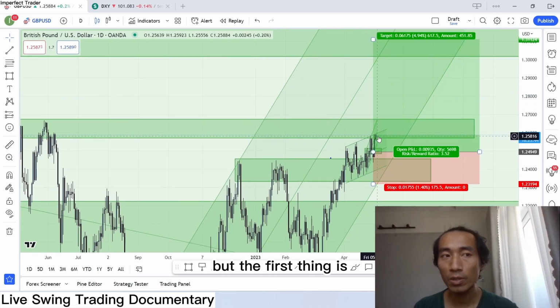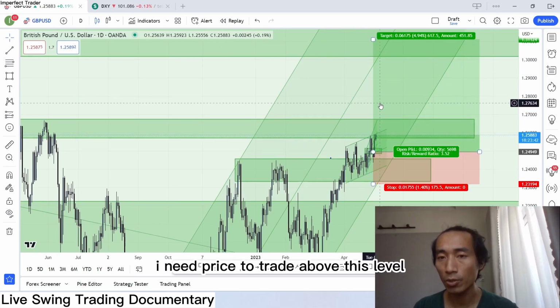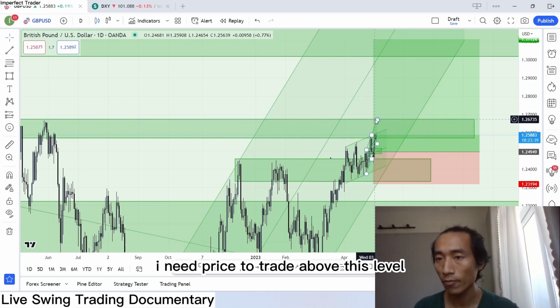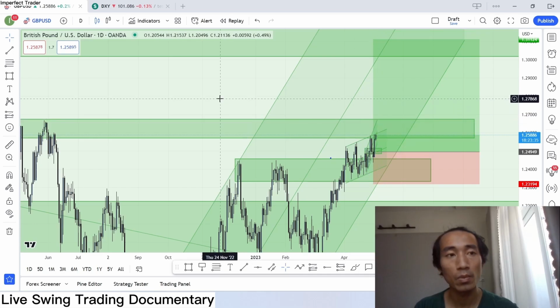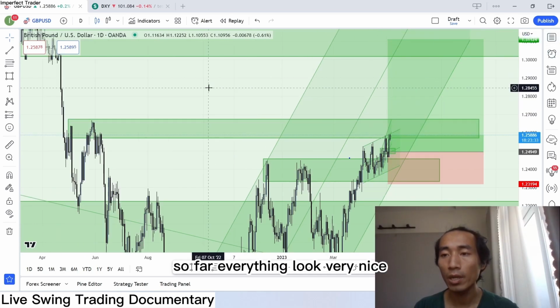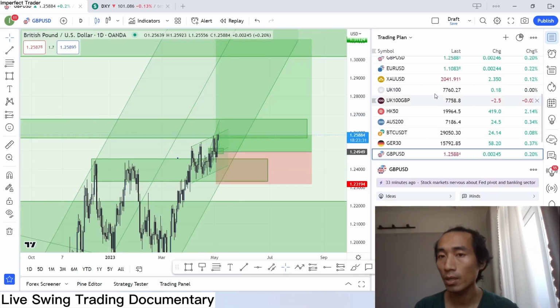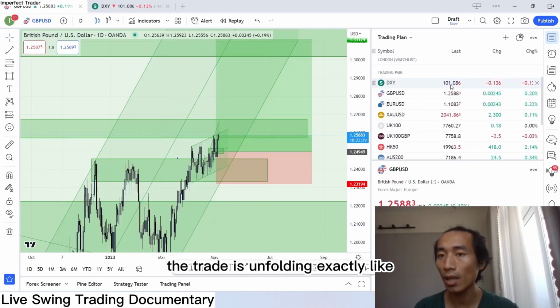But the first thing is I need price to trade above the level, which is that level here. So far everything looks very nice. The trade is unfolding exactly like my plan.